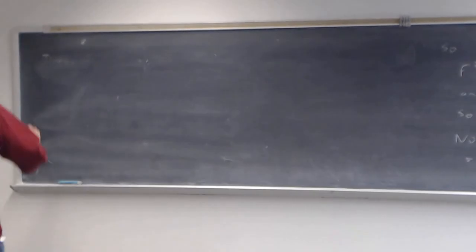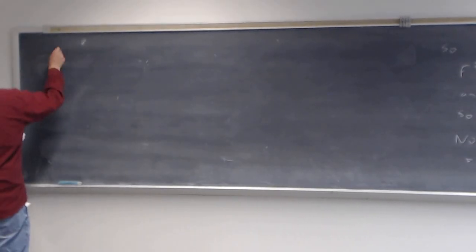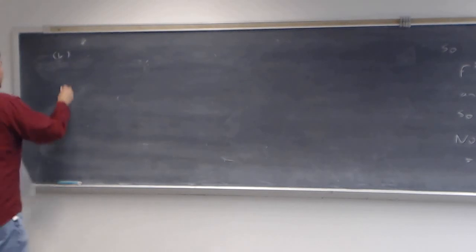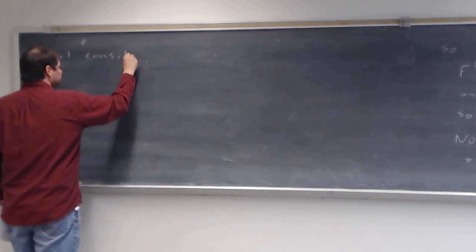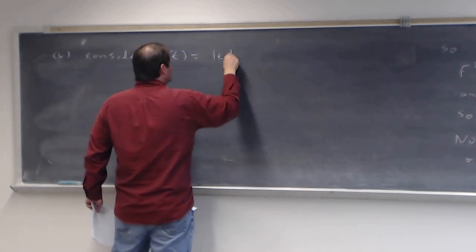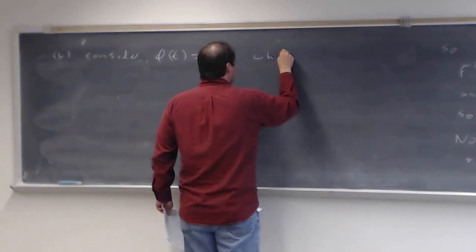Proof of part B. What we do is we consider phi of t being equal to the absolute value of t, which is continuous.